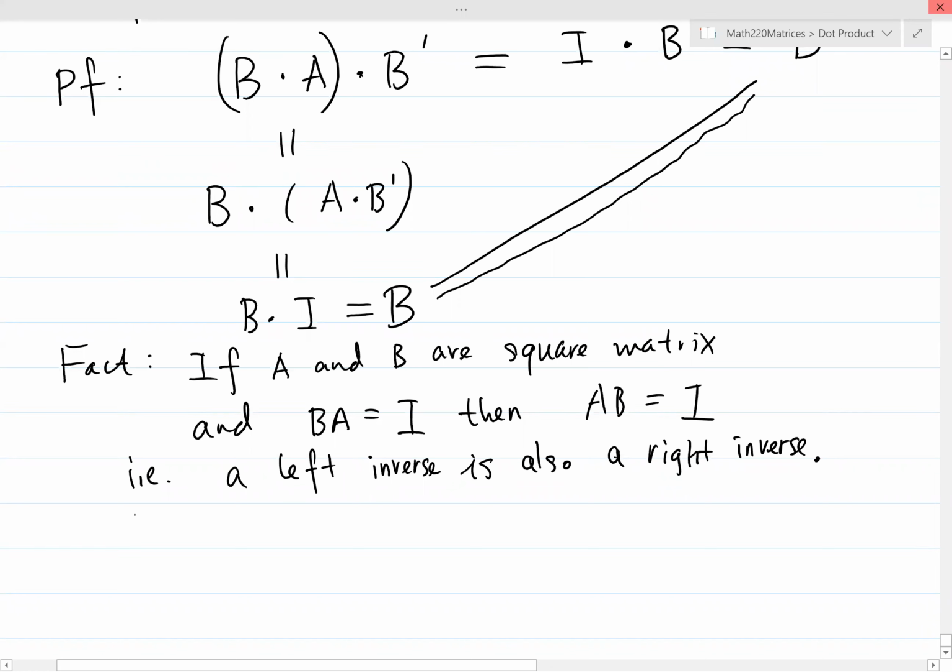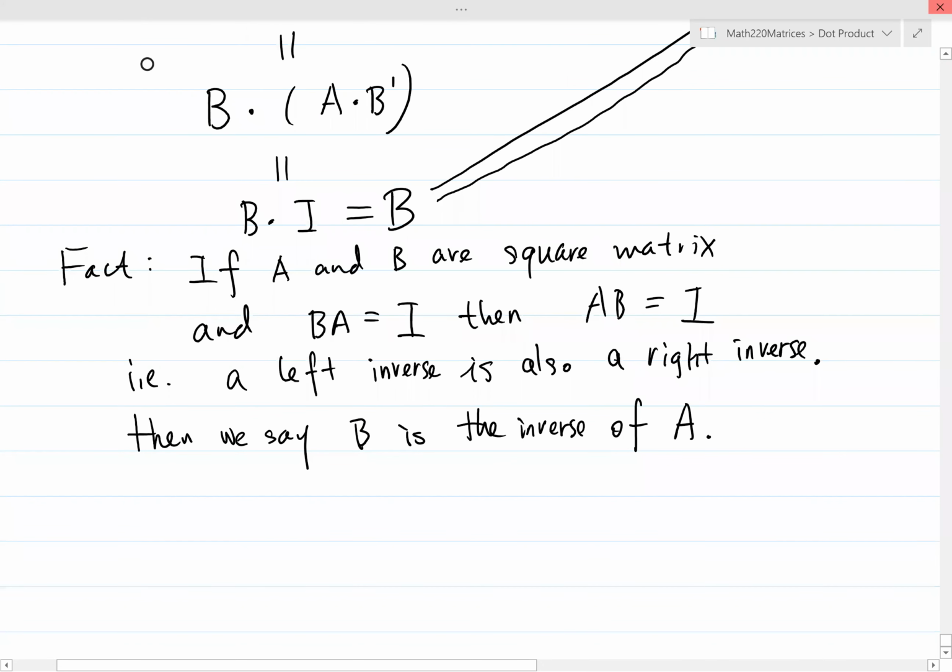Then we say B is the inverse of A. The inverse, if it exists, is unique.